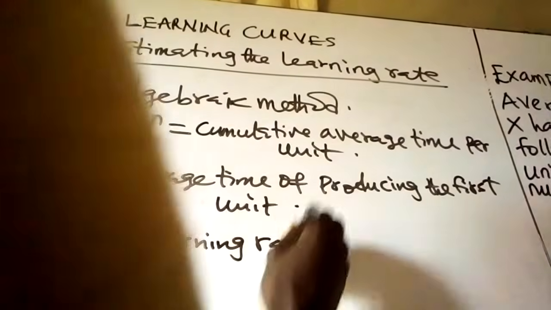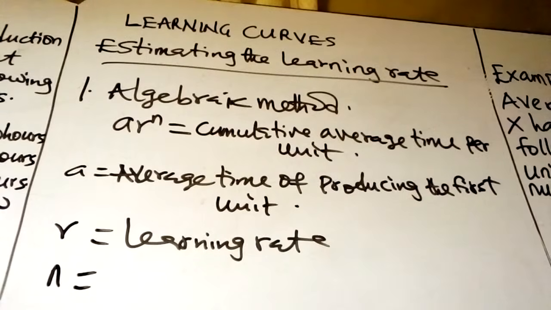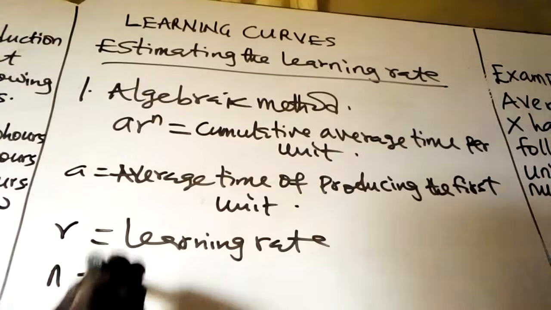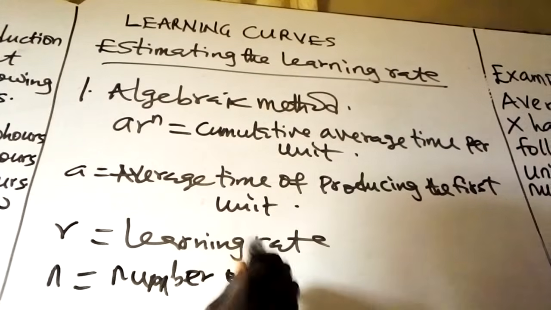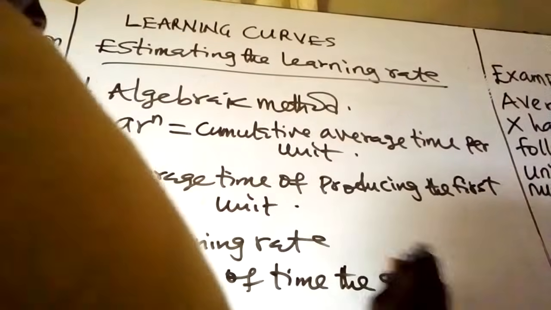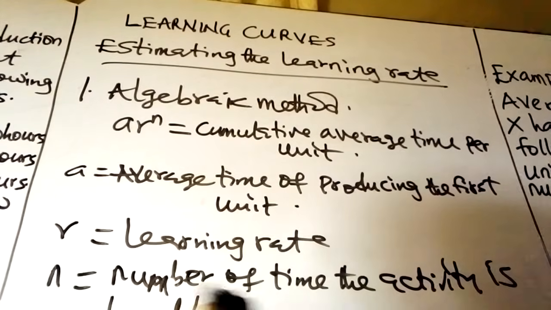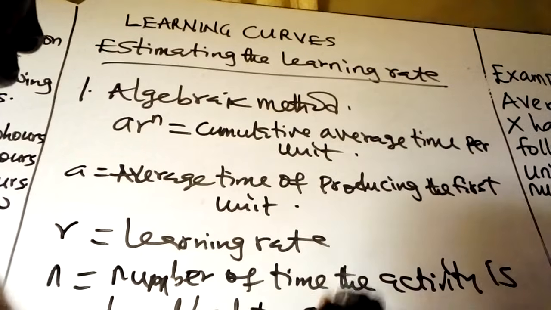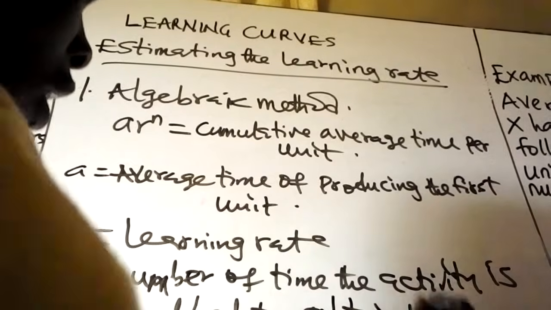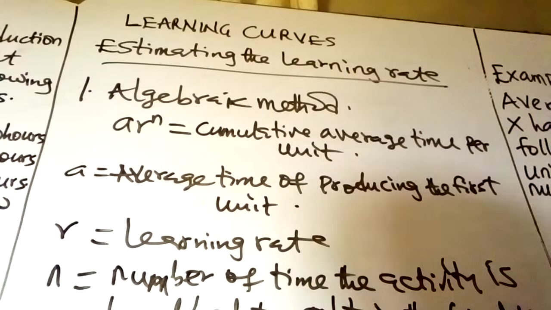N is the number of times the activity was doubled to obtain the cumulative output. Number of times the activity is doubled to obtain the cumulative output.